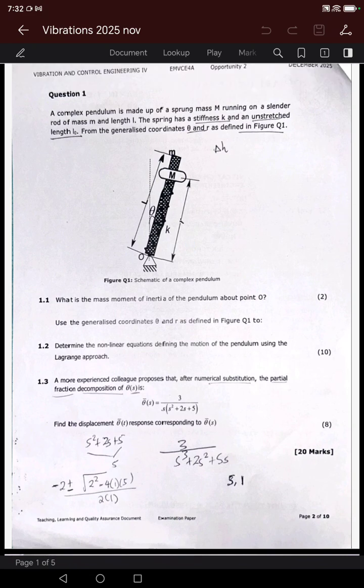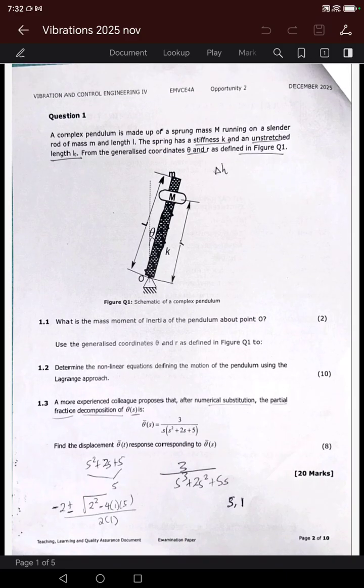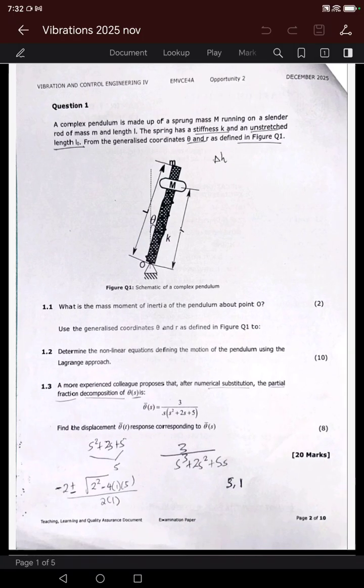It is the center of gravity of this slender rod, so it is half of the length. We divide this L by 2, because it is the center of gravity. So our potential energy of this mass is going to be mgl over 2, because we divide by 2. So our L is going to be L over 2.